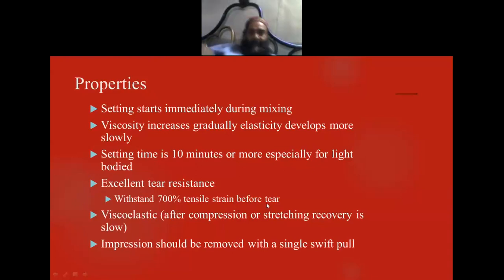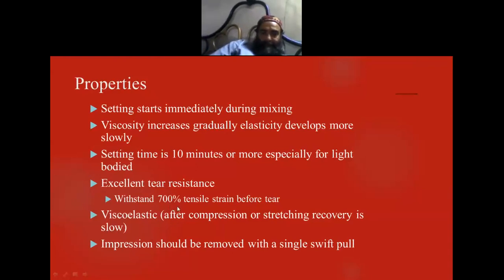Again, it is a huge difference from polysulfide and other materials. Viscoelastic, again, as described in previous lectures: what is a viscoelastic material? After compression or stretching, recovery is slow. And the impression should be removed with a single swift pull.